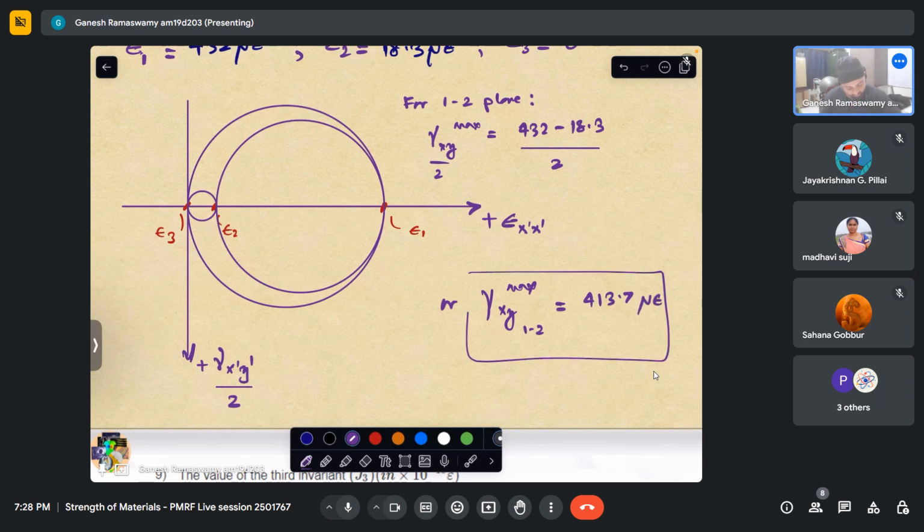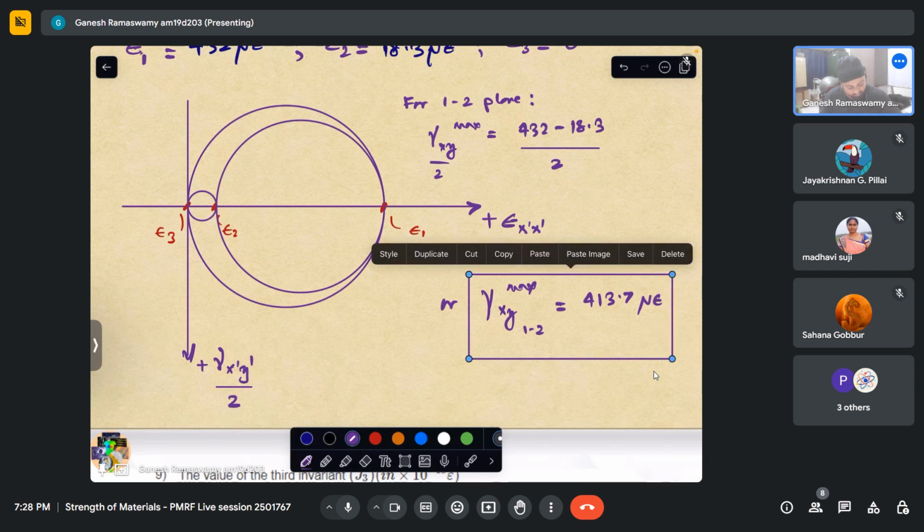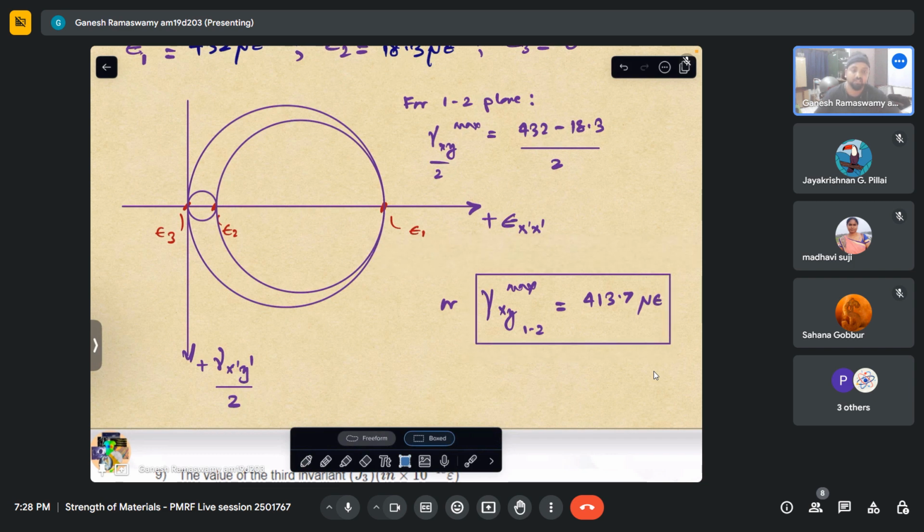So it must be noted that this is not the strain we should design it for. If it was a design problem, we have to choose the maximum out of these strains in order to design our component. Because just because the third principal strain is 0 doesn't mean that we should confine our attention only to xy plane. So I hope that is clear.